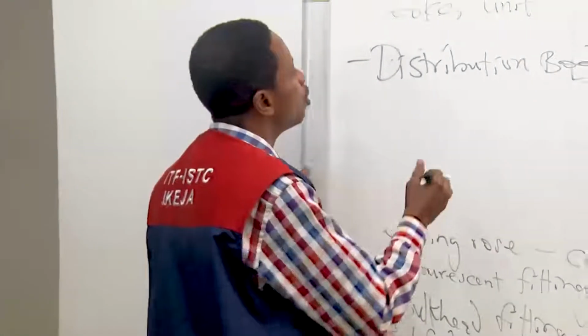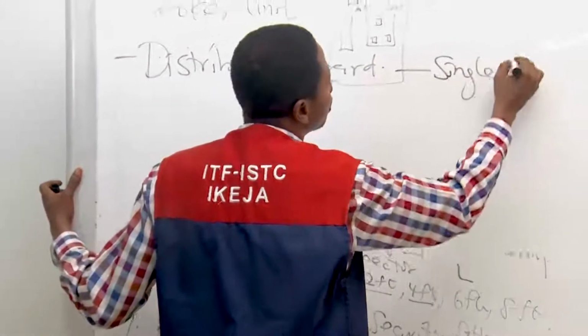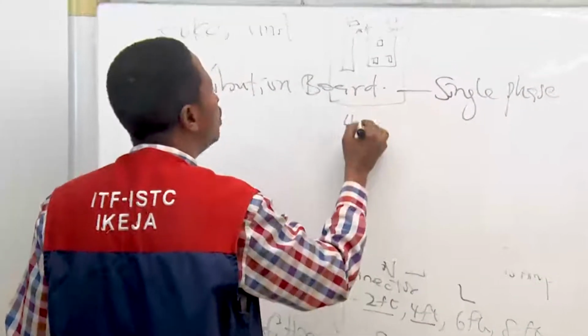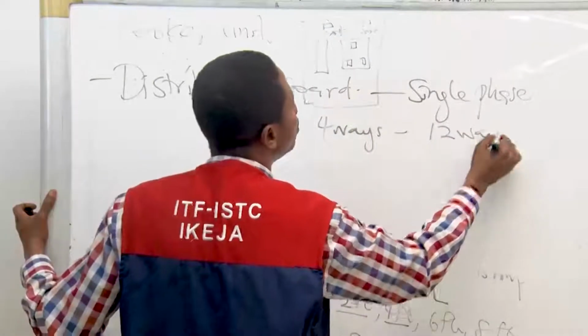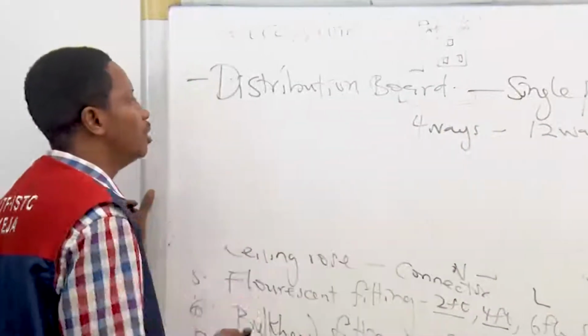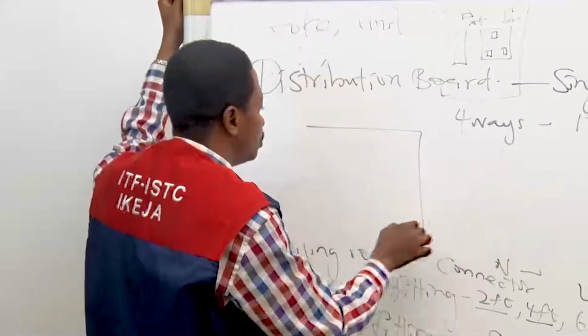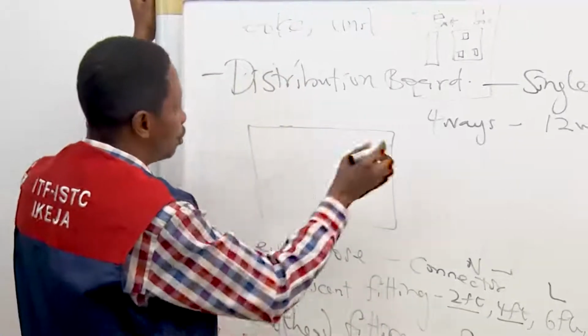The distribution board comes in single phase from 4 ways to 12 ways. I'm going to explain better in the practical class. Let me just give you a simple diagram of a 4-way distribution board.